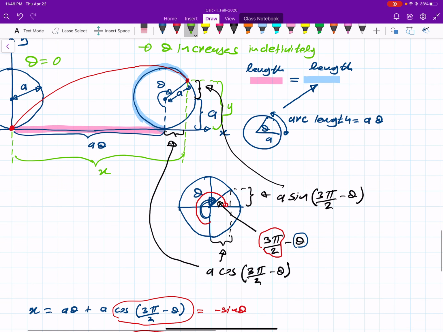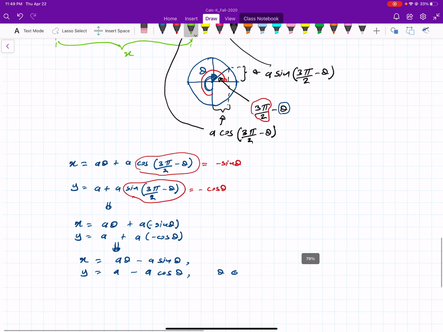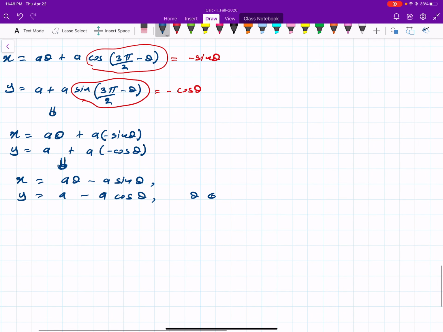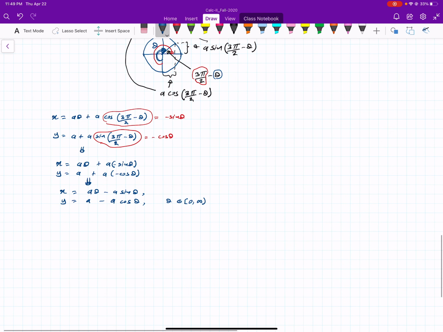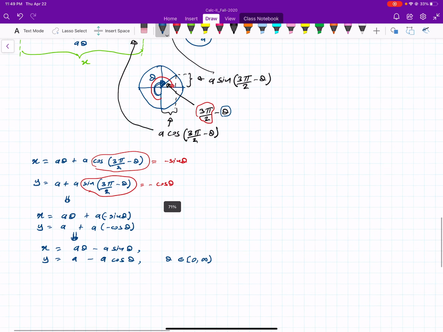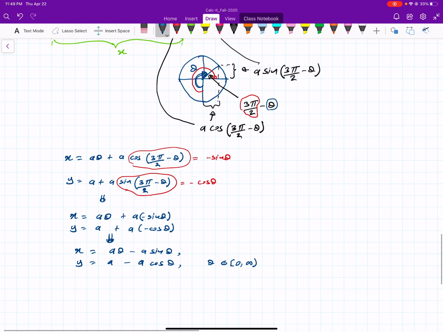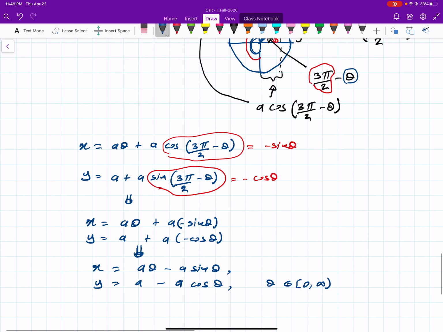Okay, that means theta goes to infinity. So the range for theta should be 0 to infinity. All right, so that is the parameterization. Let me write just one word here: the parameterization.